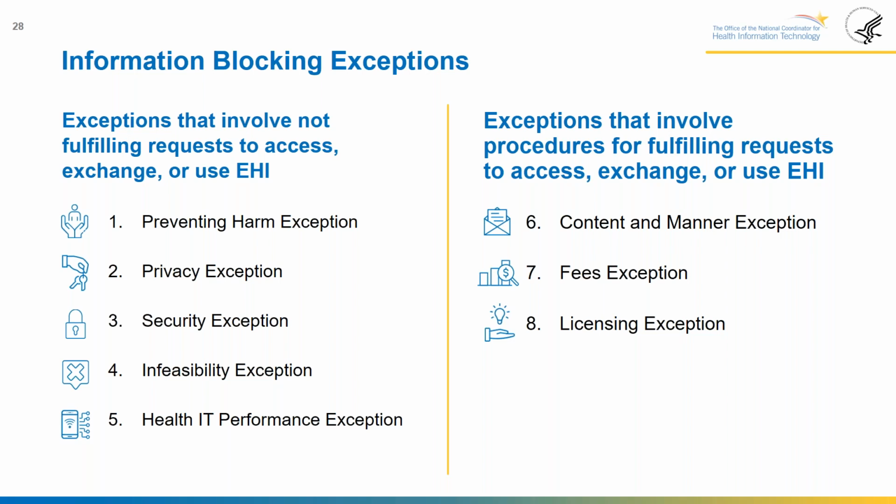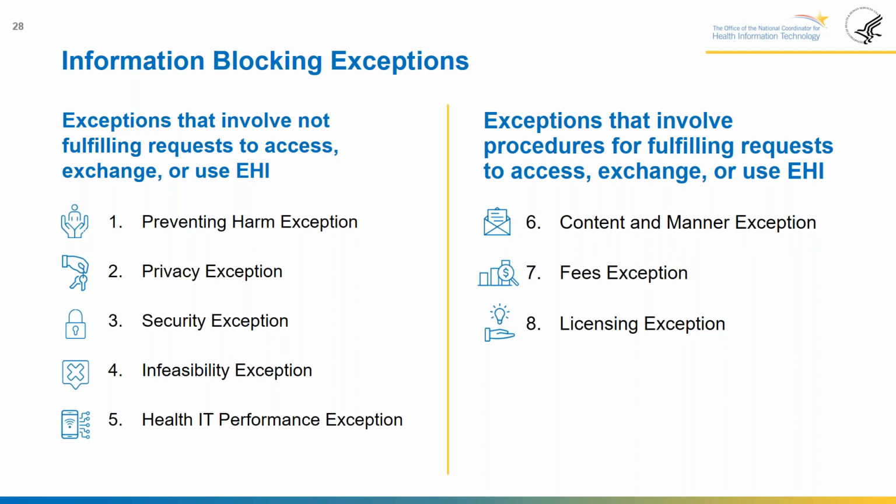I'm really not going to touch much on any of these exceptions here. This is a view from orbit in space of what these are. I mentioned earlier the preventing harm exception, and therefore I will cycle back to that.